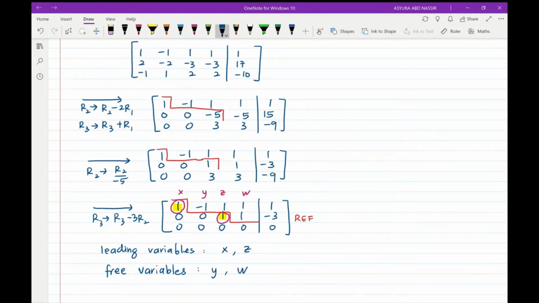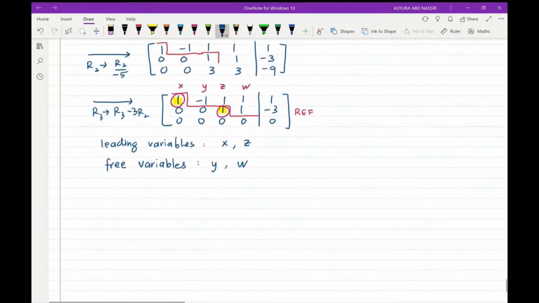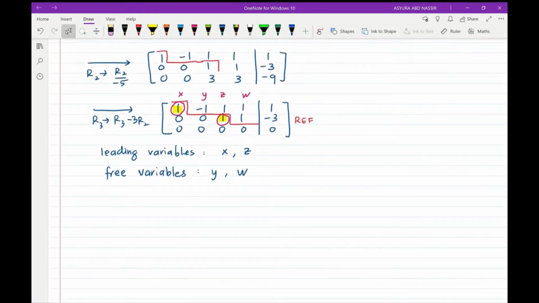Once you have the free variables y and w, what you have to do is assume values for your free variables. For example, let y be t, where t is any real number, and let w be s, where s is also any real number.